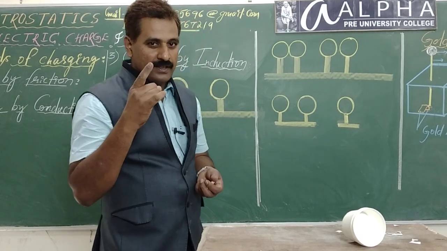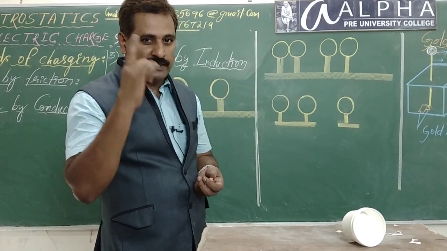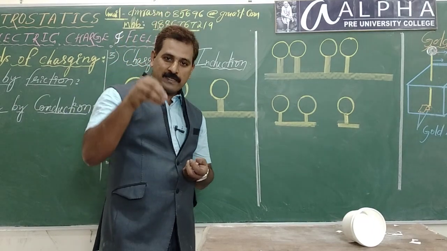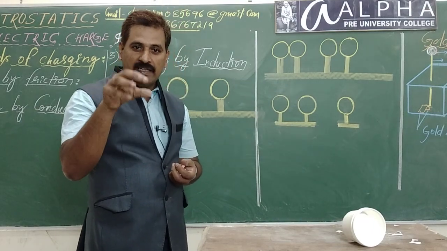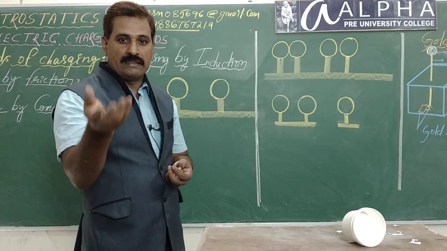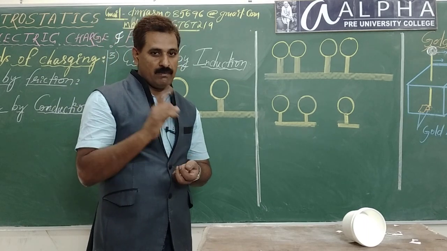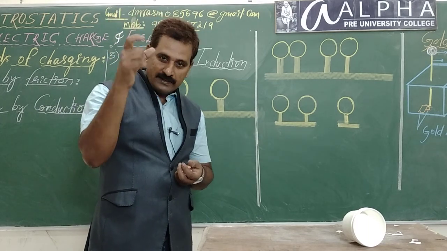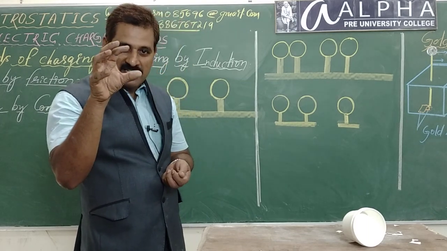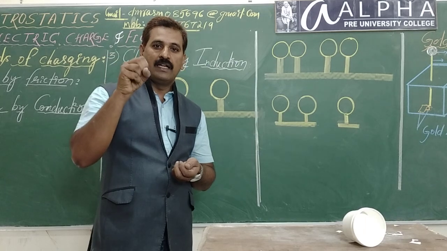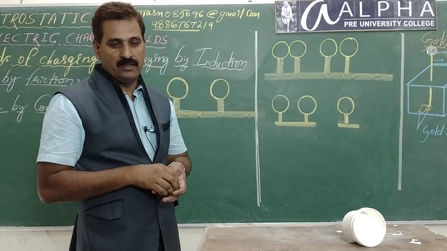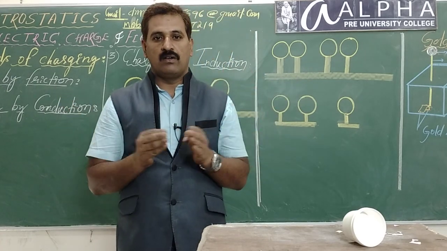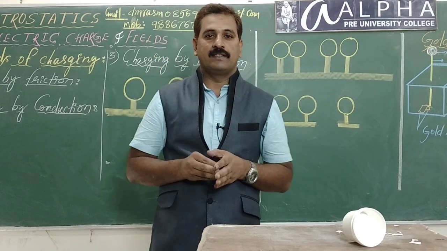Again, remember this: the substance which loses electrons gets net positive charge, and the substance which gains electrons gets net negative charge. Therefore, remember, charging is just separation of electrons between two substances.